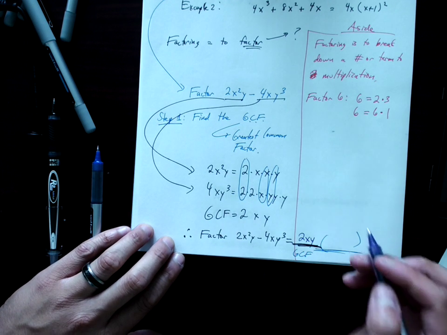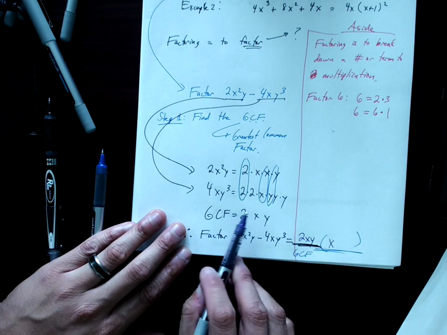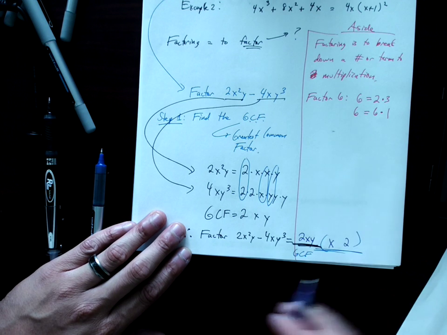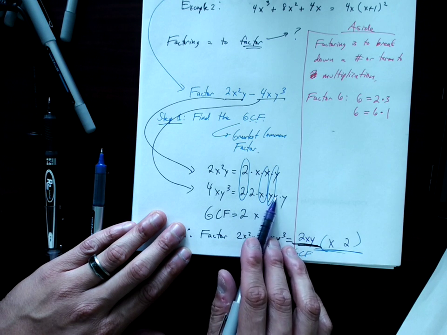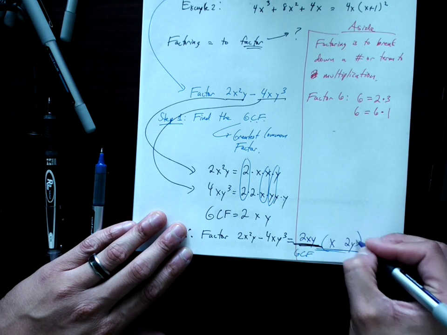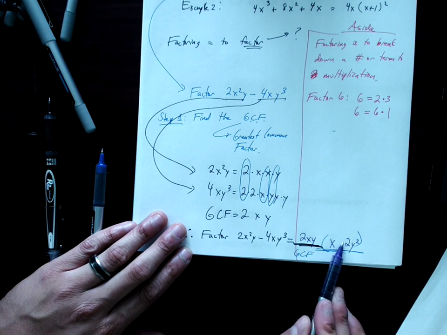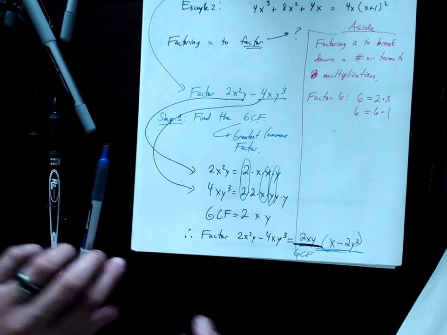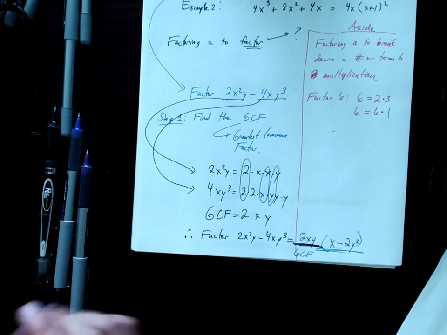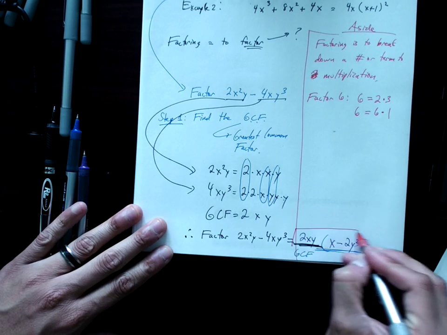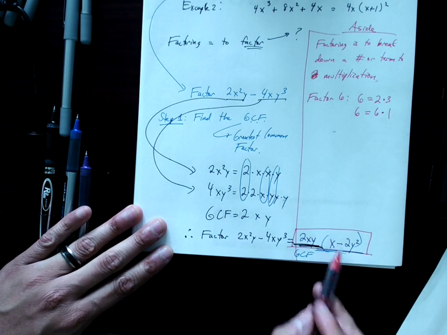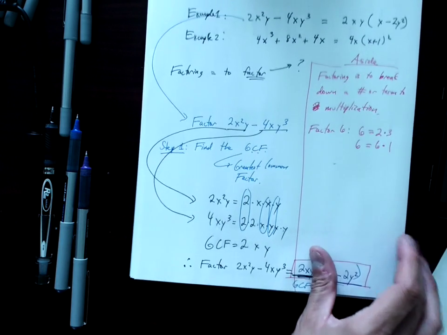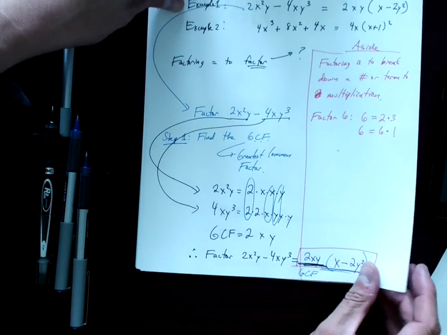Just an x. Next, what's left in the second one? I have the number 2, so that goes here. I also have y times y, which gives me y squared. Then we put the operator between them, which was a minus. So here we have the final answer, which is 2xy times the quantity x minus 2y squared. This is a factorization. Let's practice one more.